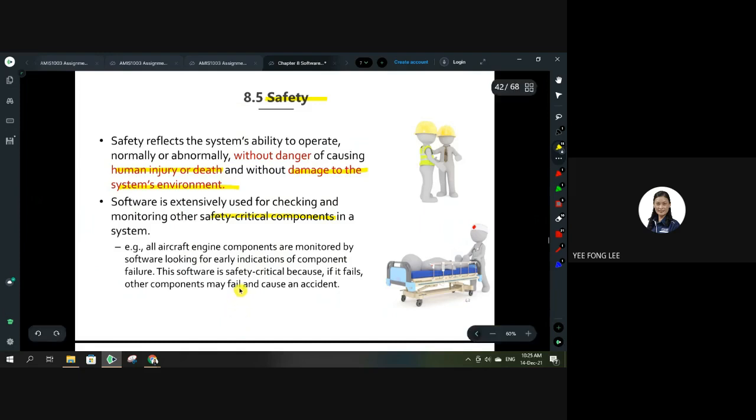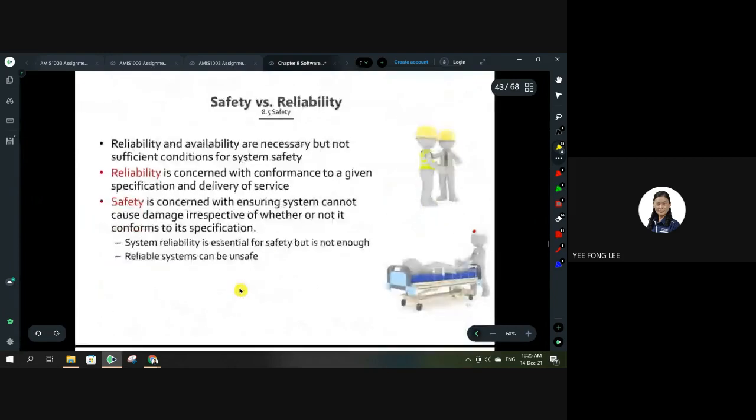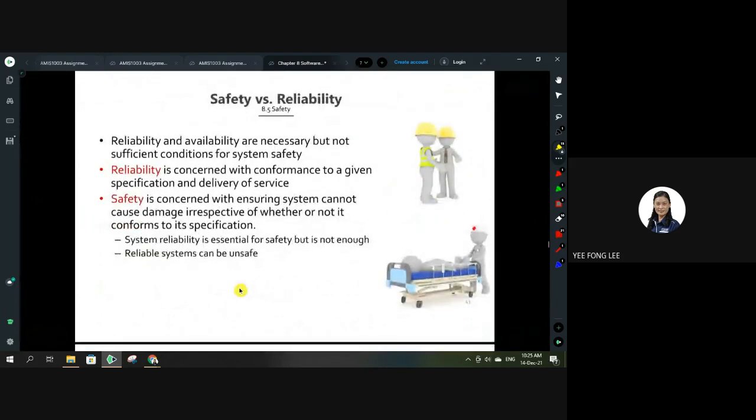All those are examples of safety critical systems. Safety and reliability, what's the difference and what's the similarity here? Reliability and availability are necessary but not sufficient for system safety. So safety concerns ensuring the system cannot cause any damage.